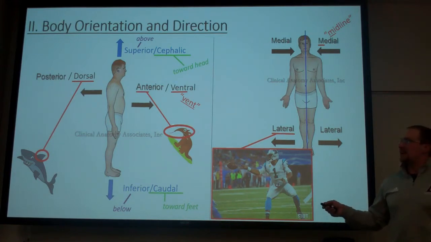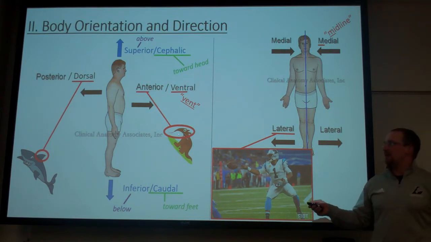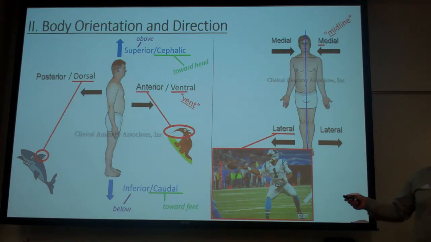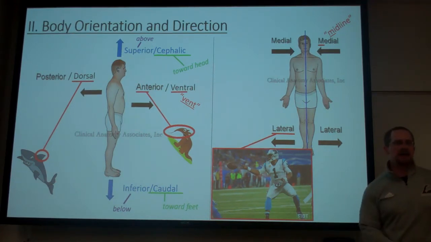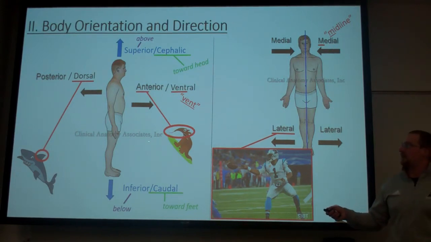Anterior, think anteater. Anteater's got that awesome head there. Okay? Use it to lick up ants. Anterior means in front. Anterior, in front. Anterior, anteater, got the funky head. That's in the front.